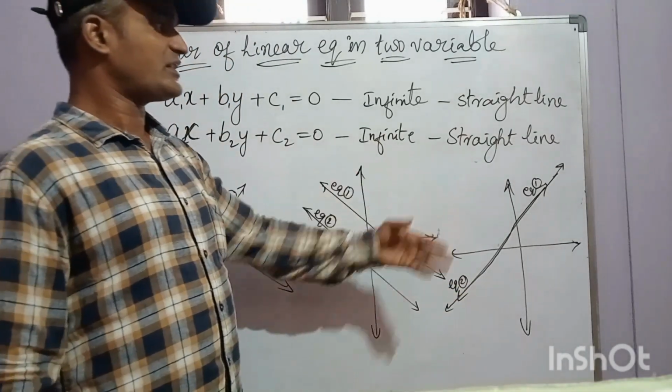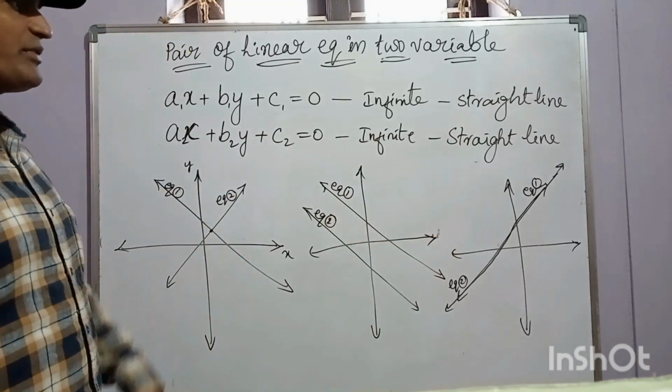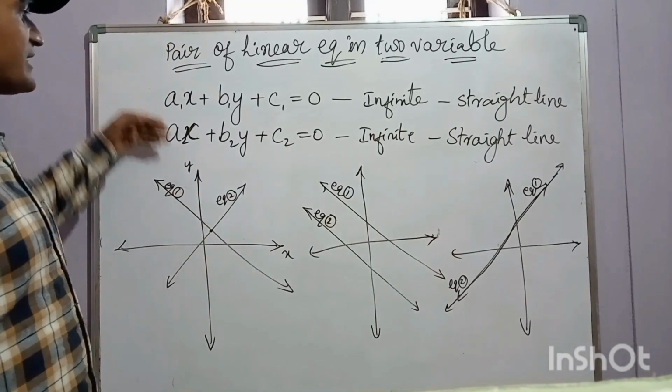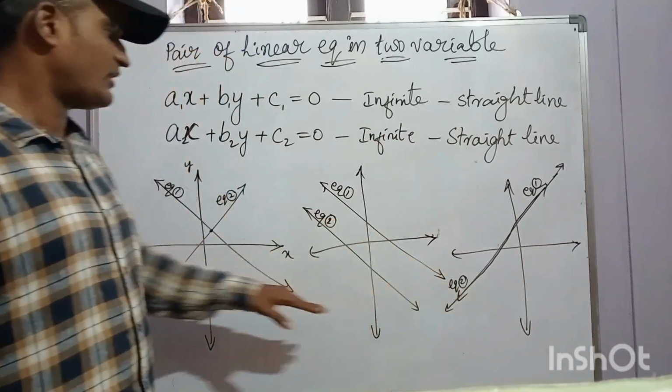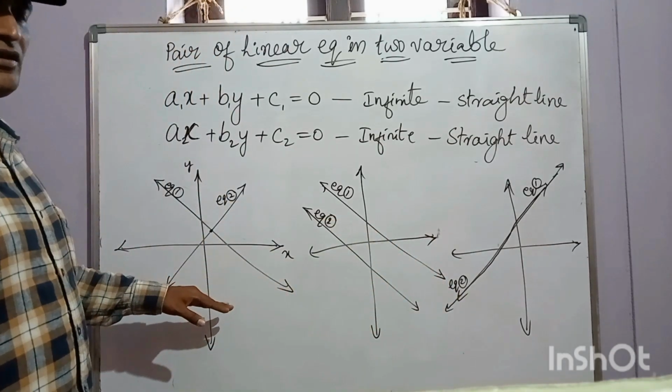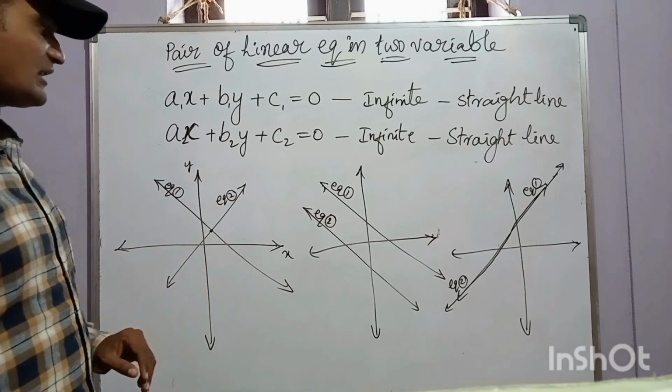Without doing any representation on the graph paper, we can decide whether they are coincident, parallel, or intersecting lines. We can decide by a small calculation.